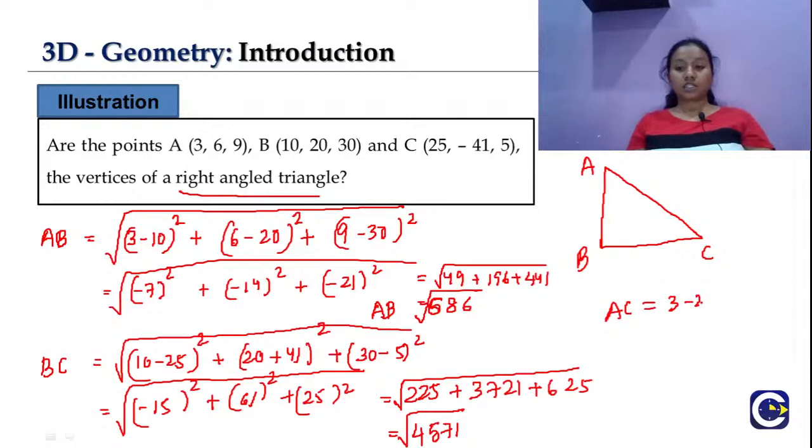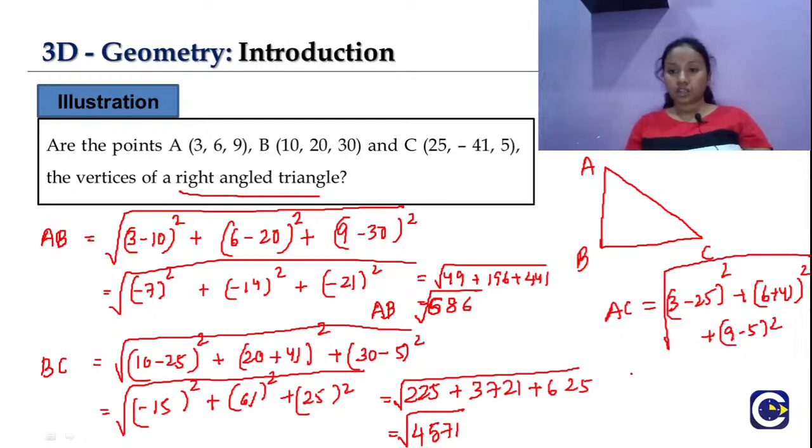So (3 minus 25) whole square plus (6 minus of minus 61), so plus 61, whole square, plus (9 minus 5) whole square, under square root. So again here, minus 22 whole square plus 67 whole square plus 4 whole square.